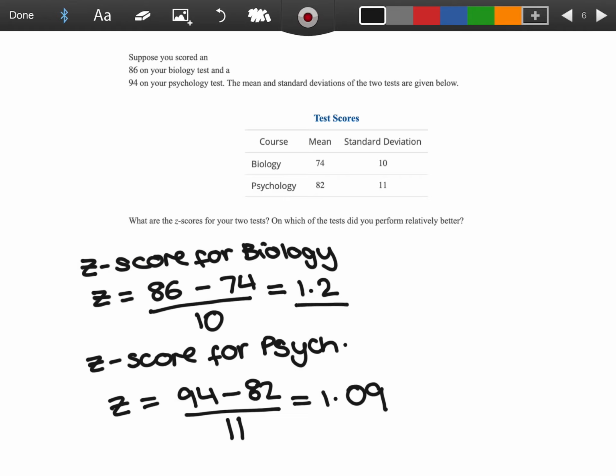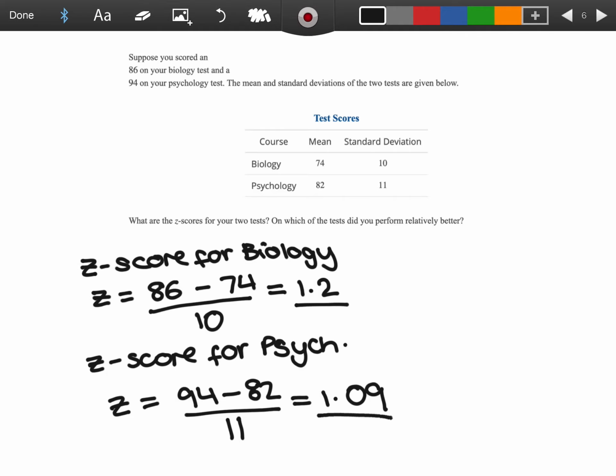So my z-score for biology was 1.2, meaning I was 1.2 standard deviations above the mean. And for psychology, I was 1.09 standard deviations above the mean.